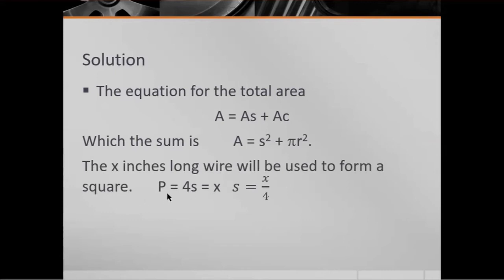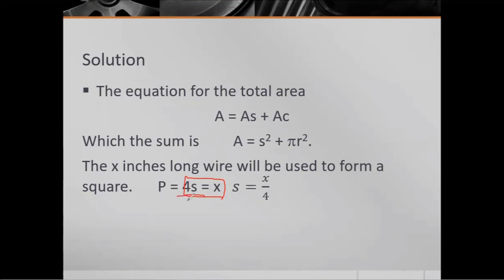So we use the perimeter of the square. So perimeter P is equal to 4s and it is the same as x. Okay, so to solve for s, gamitin natin itong equality na to. So we have s equals x all over 4.